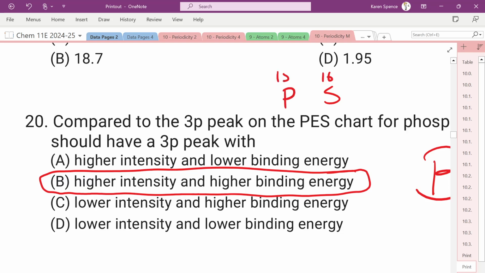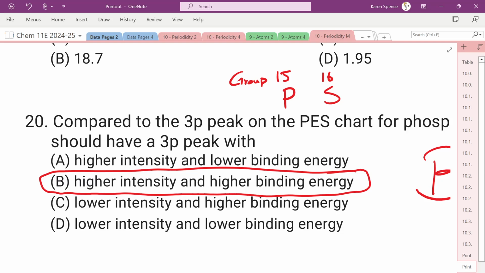Phosphorus is group 15. So sulfur has one more proton and one more electron. Oh wait, no, that is higher.